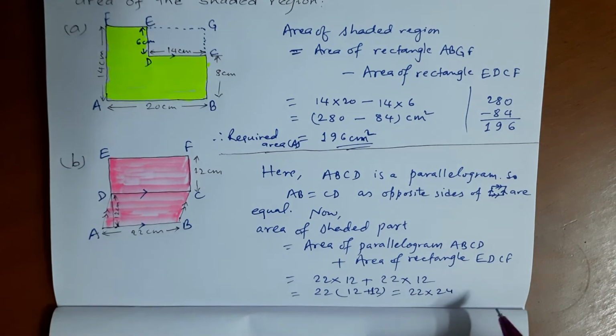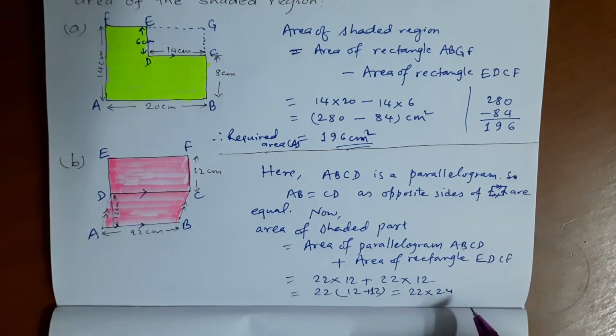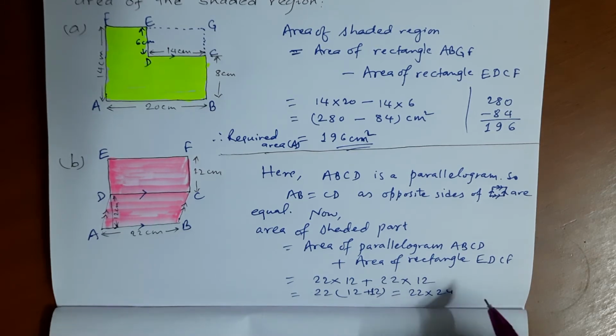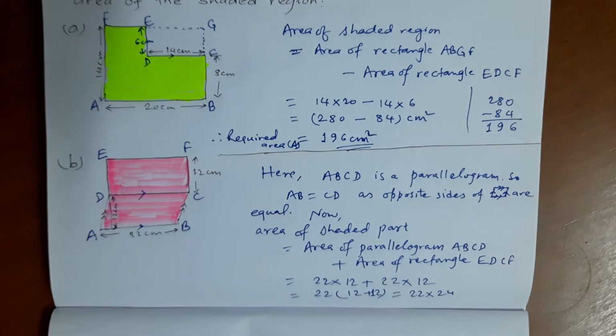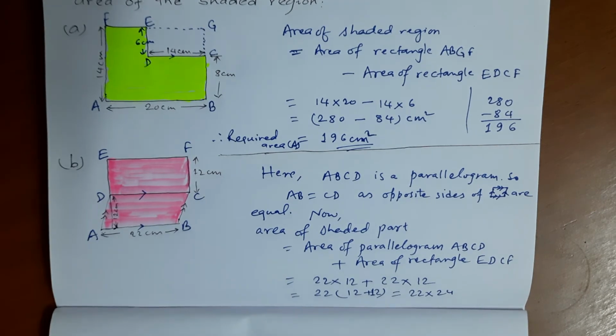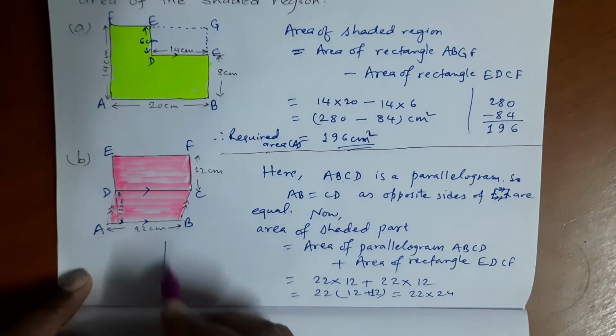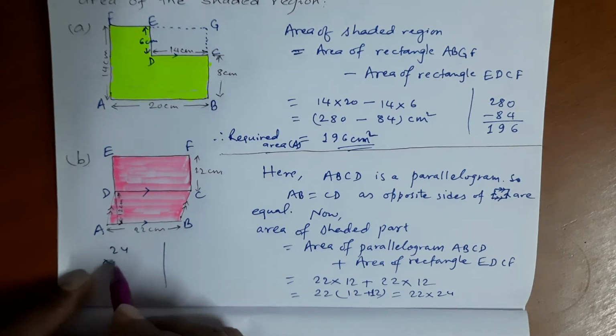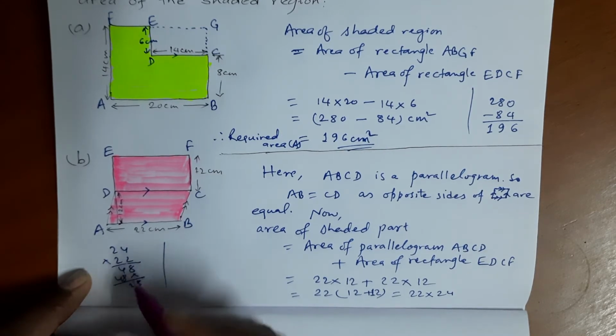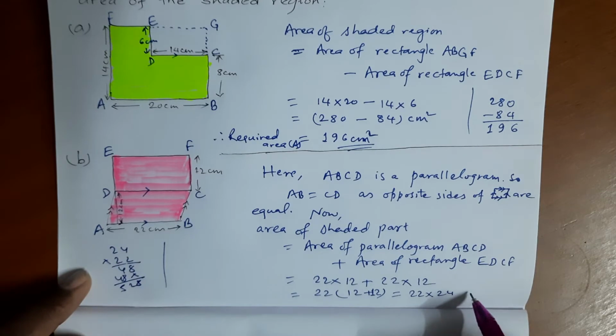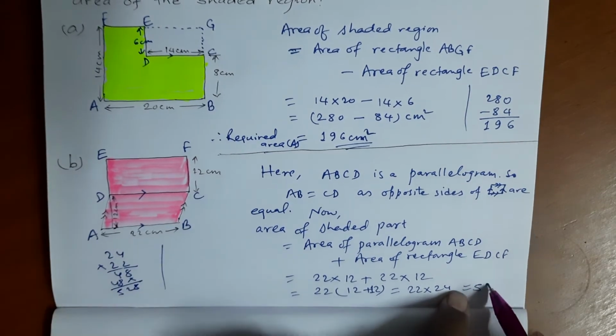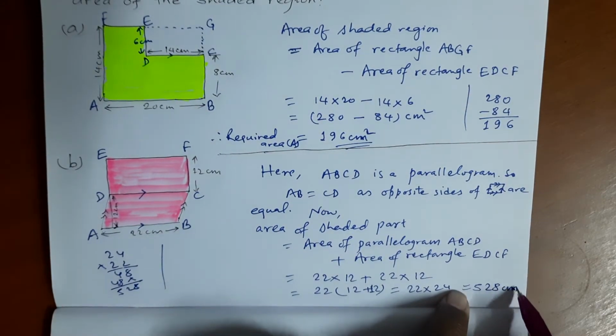Now we can multiply them together. 24 times 22 gives 528 cm square.